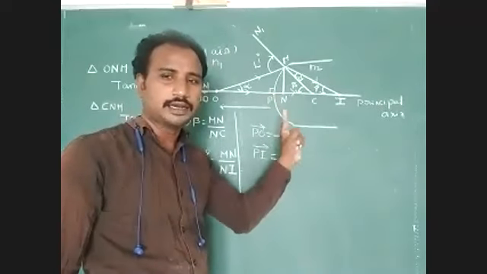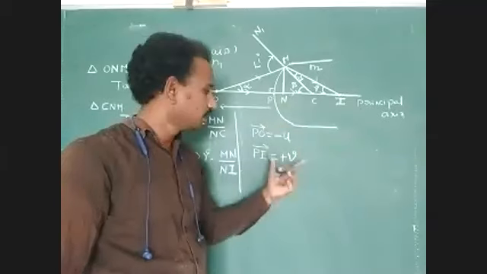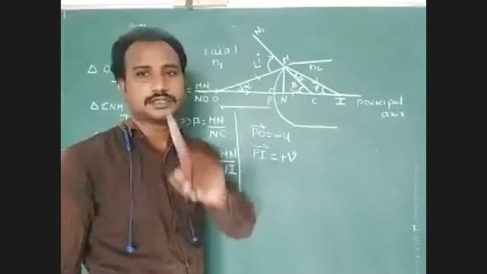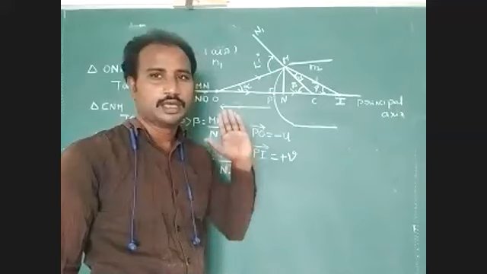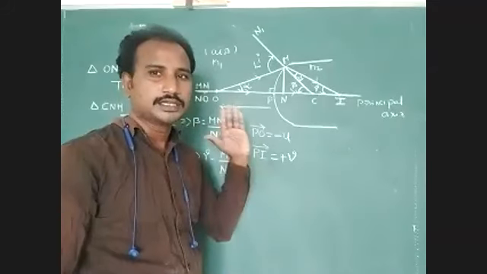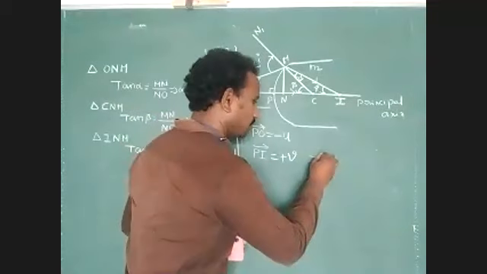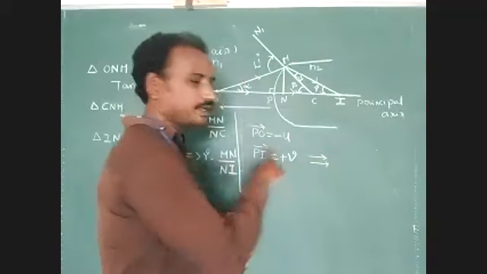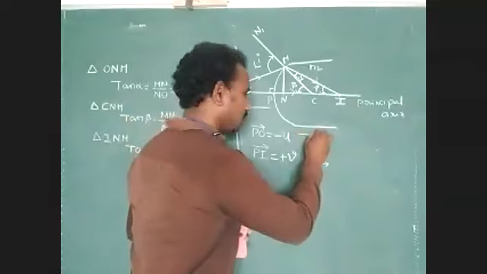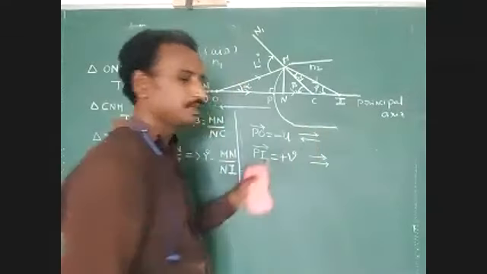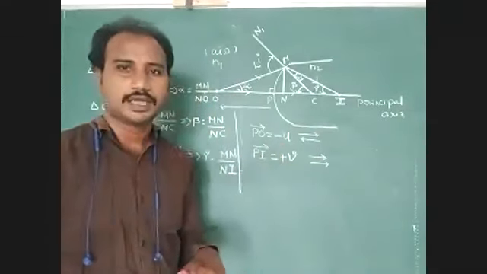The direction is the same, so the sign convention is plus. It represents one sign convention rule: for the same direction, we represent positive; for the opposite direction, we represent minus.